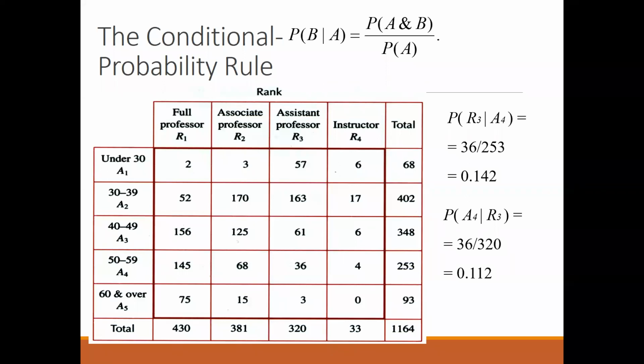Now, what is the probability that A5 occurs given R3 has already occurred? 0.009.